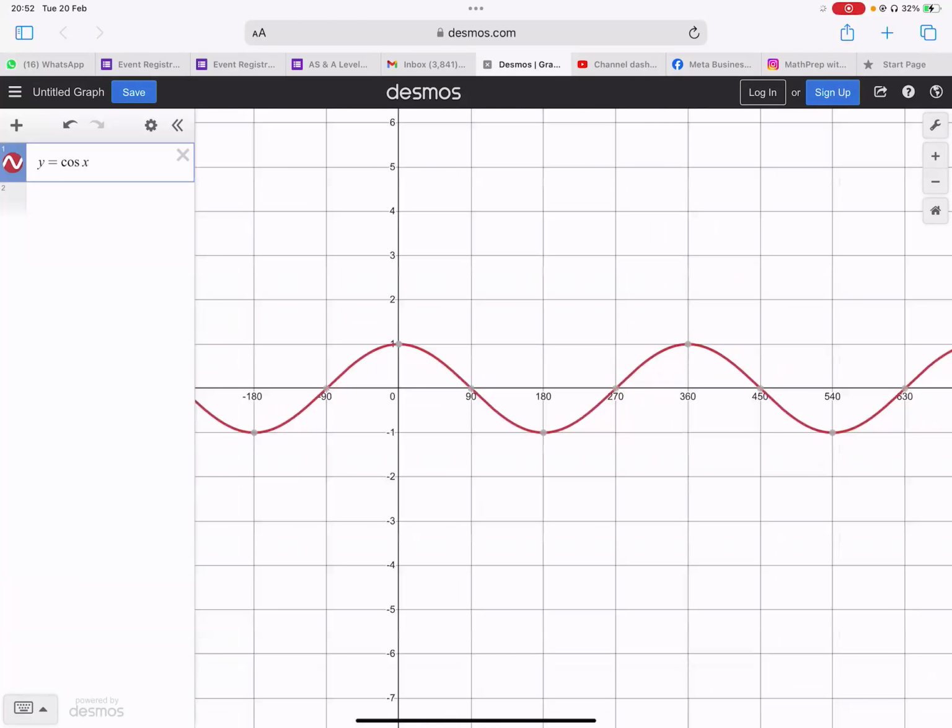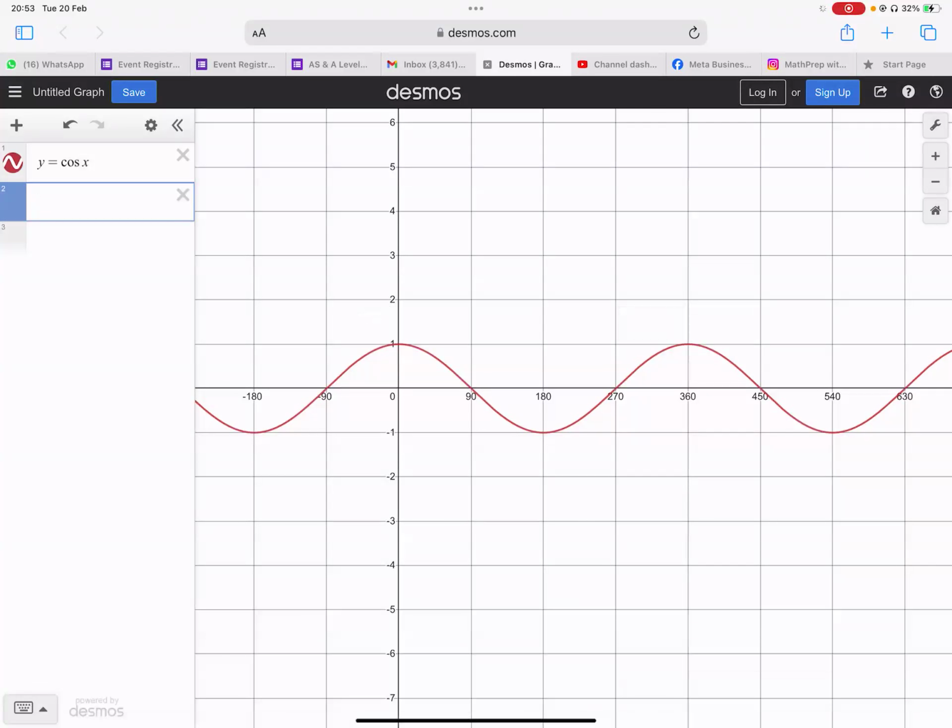So that's how the cos graph looks, right? From 0 to 360, this is the part that is one complete cycle. Now, if we change something inside the function, if we replace x with something else, let's see what happens to the graph in that case.